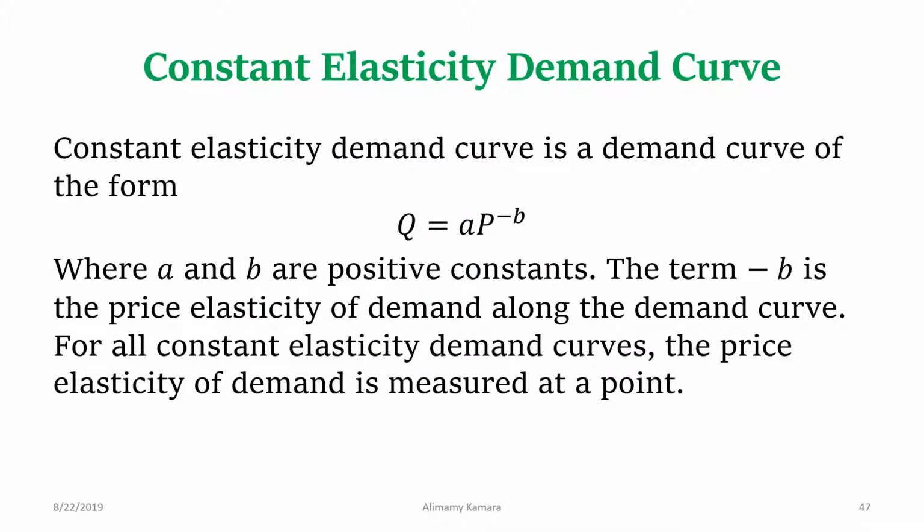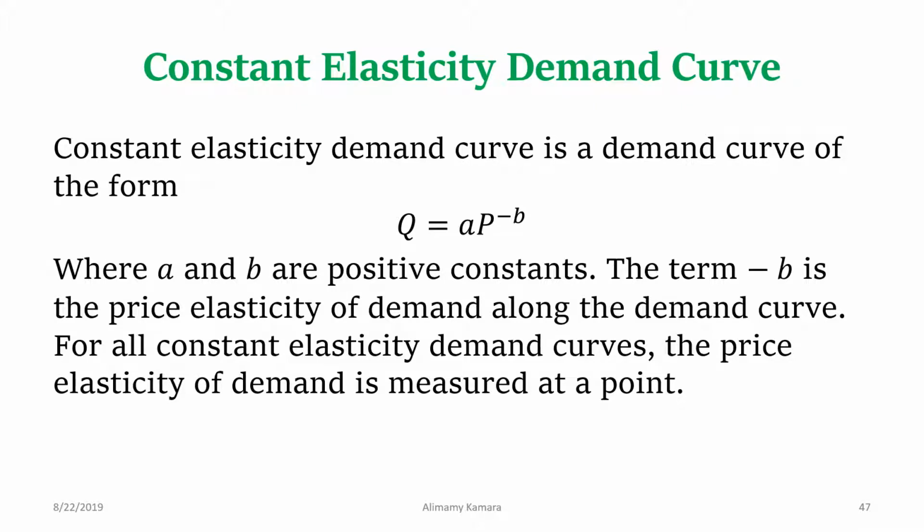Okay, so let's continue. Let's move on to one typical aspect here, the constant elasticity demand curve. I presume this is the last one we're going to be looking at. A constant elasticity demand curve is a demand curve of the form Q = AP^(-B), where A and B are positive constants.